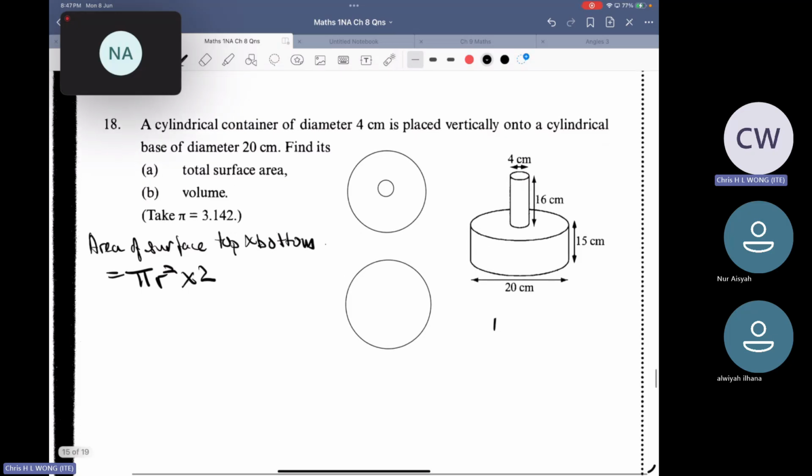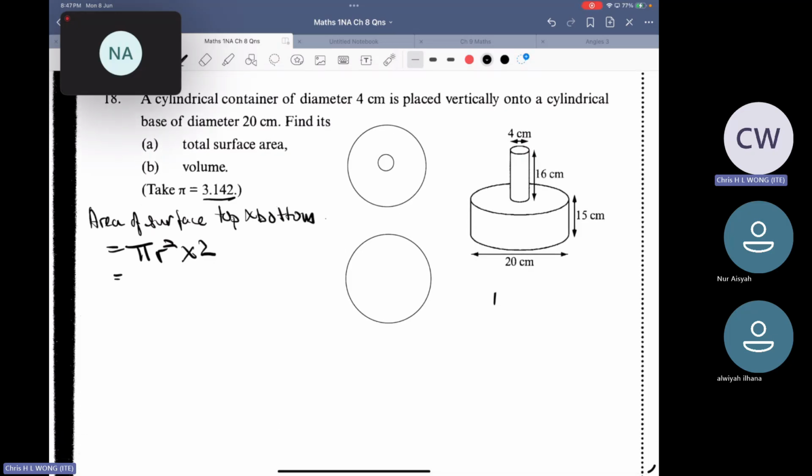Pi, did they give you pi? 3.142. Equals 3.142 times, what's the radius? 10. Square, times 2.